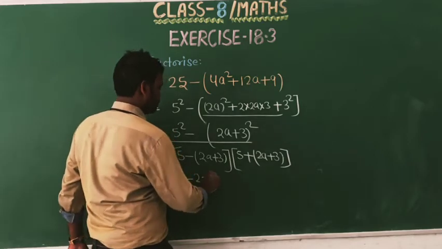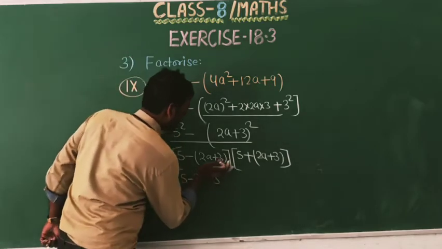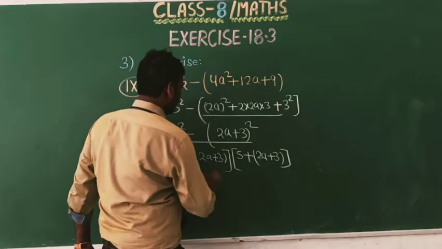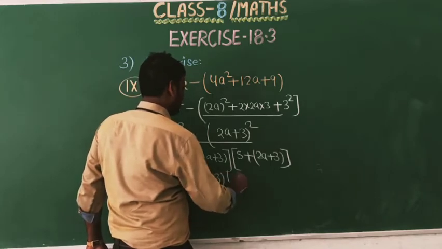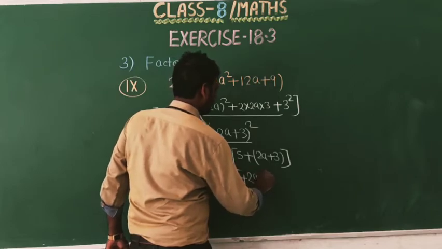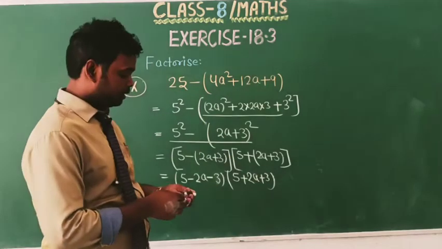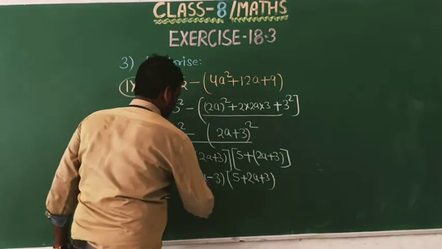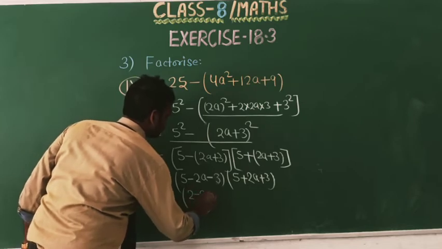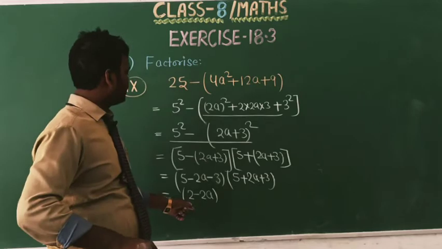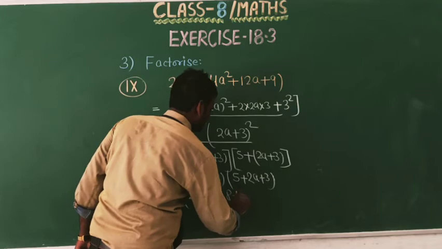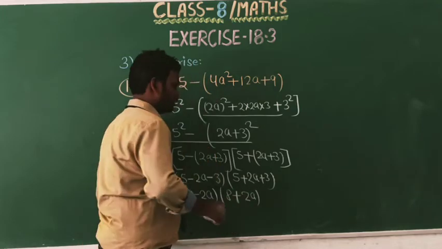Okay, so this is 5 minus 2a minus 3 and this is 5 plus 2a plus 3. So therefore this becomes 2 minus 2a in one bracket, and this is 8 plus 2a in the other bracket.